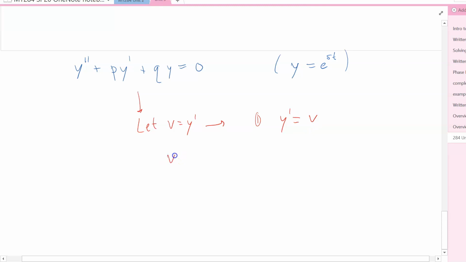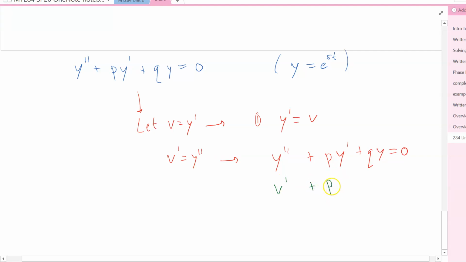And then if we differentiate v, that's like taking two derivatives of y and plugging that into the second order differential equation, we would get v prime, or y double prime. I'm just going to rewrite it. We would be replacing here y double prime by v prime.